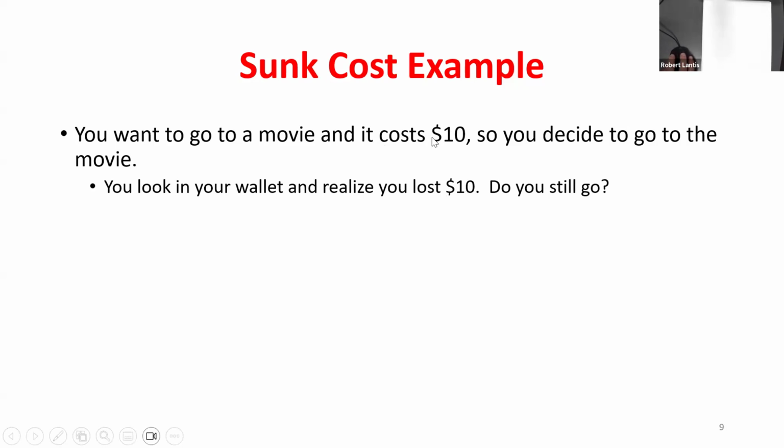So if I spend another $10, now my total cost is 20. But let's assume my marginal benefit was 20. Now if I don't go, I get -10. If I go, 20 minus 20 is 0. 0 is better than -10, right? So I should still choose to go.